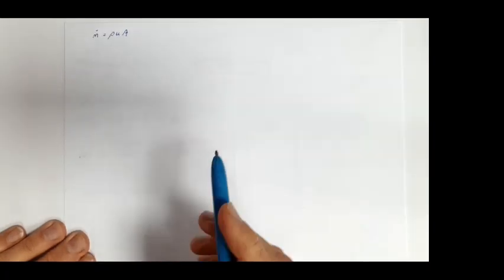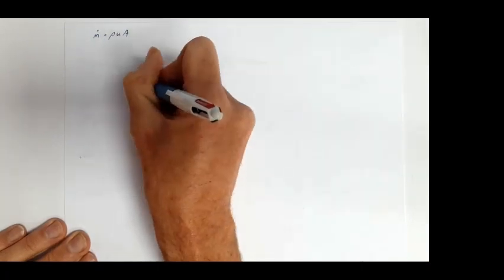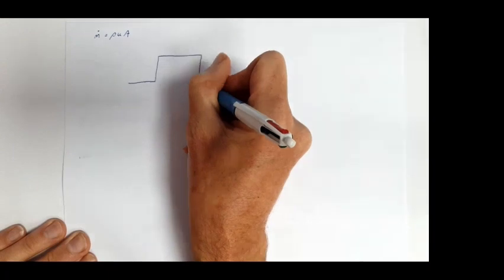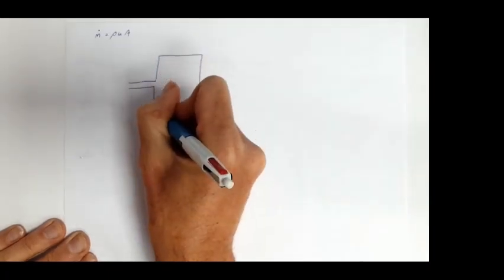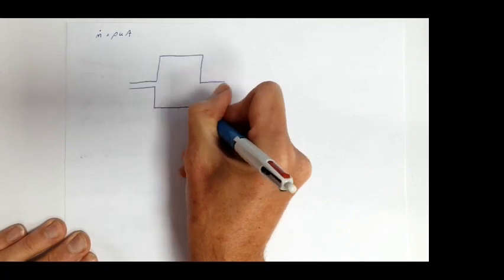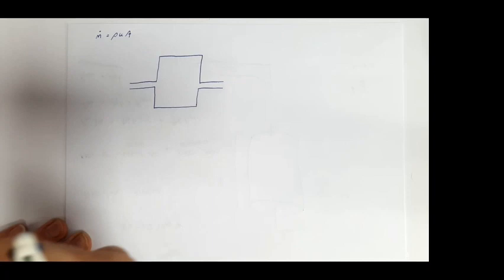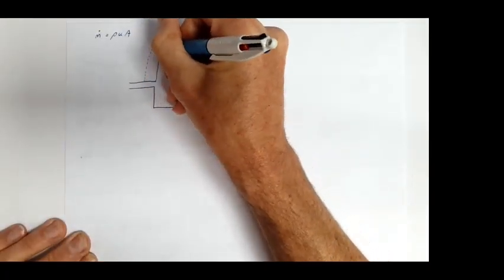So if I was to draw a system, let's consider some sort of object, pipe flowing in, pipe flowing out, and let's draw my system boundary around that.